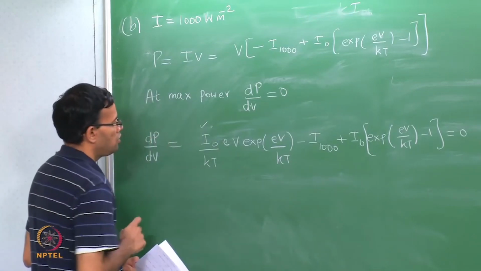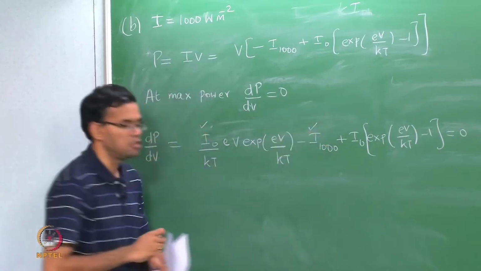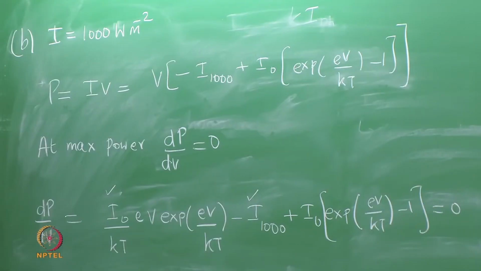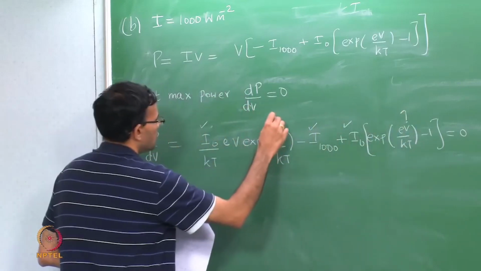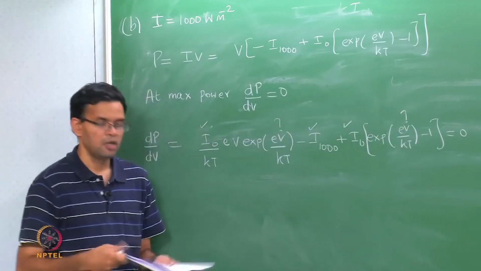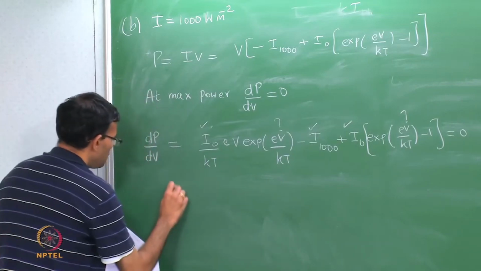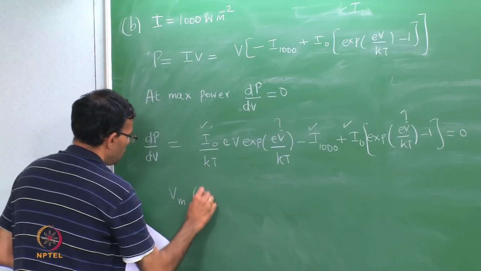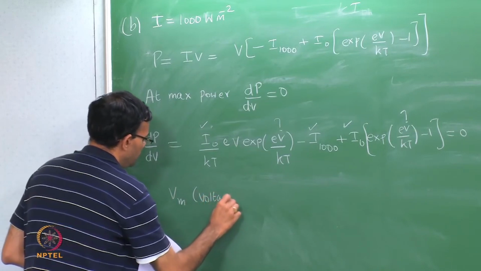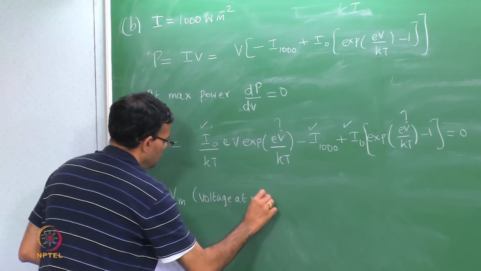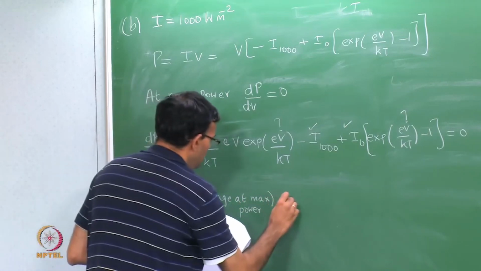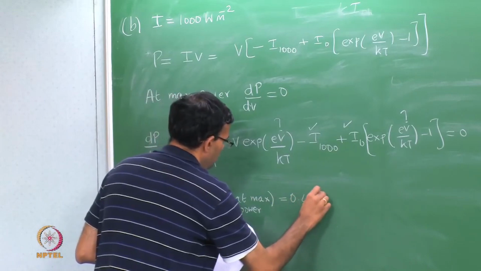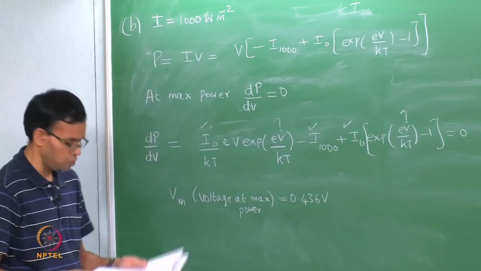So, in this case I naught is known, I 1000 is known, this is the short circuit current at 1000, which is 2 times the short circuit at 500, and we just calculated it. So, the only unknown is essentially the voltage. So, if you solve this, this gives the voltage Vm, which is the voltage at maximum power, and this is equal to 0.436 volts.